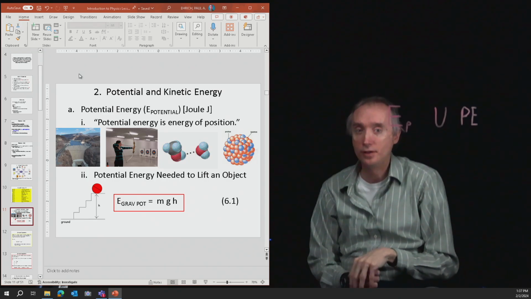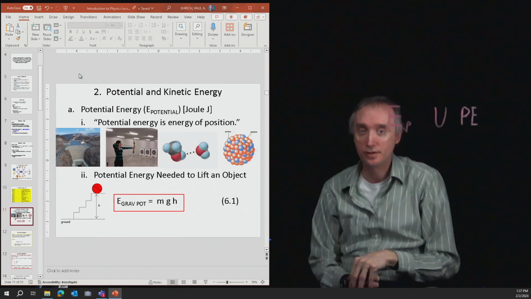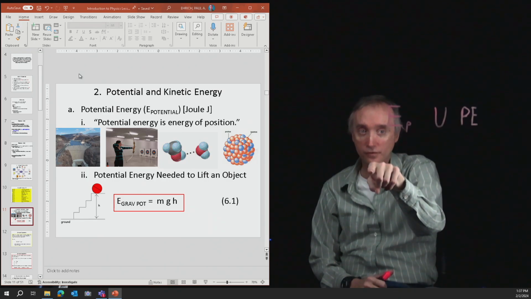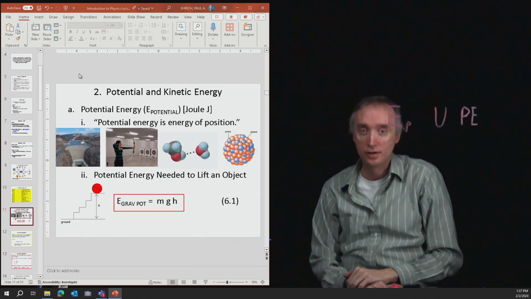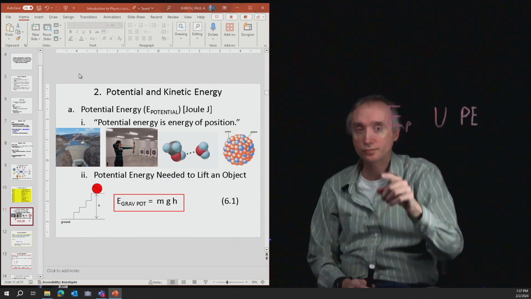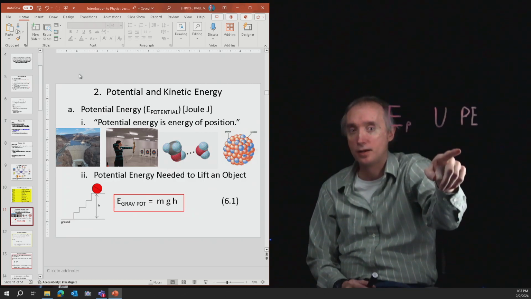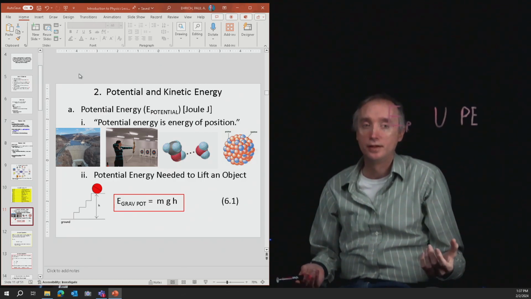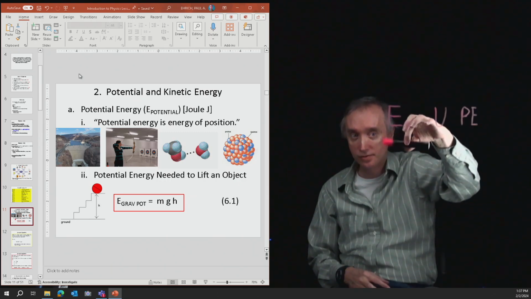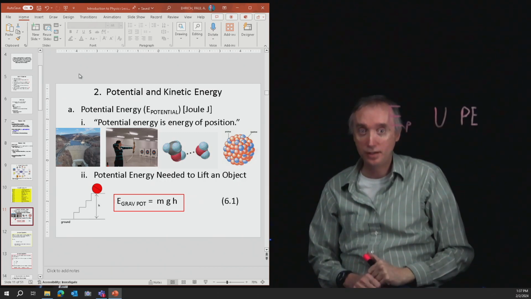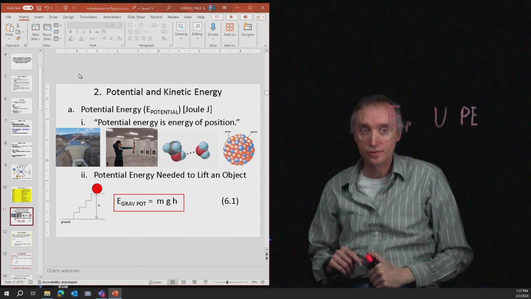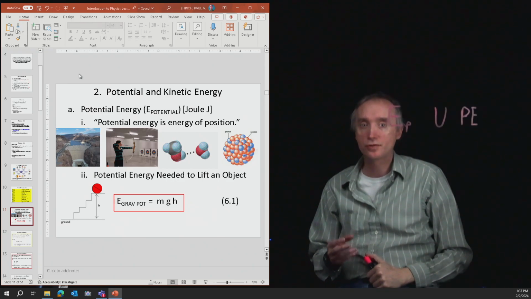Now, the formula for that is given underneath there. We're going to say that potential energy is equal to m g h. What is m? That's the mass of the object in kilograms. Remember, that's the official metric unit for mass, the kilogram.